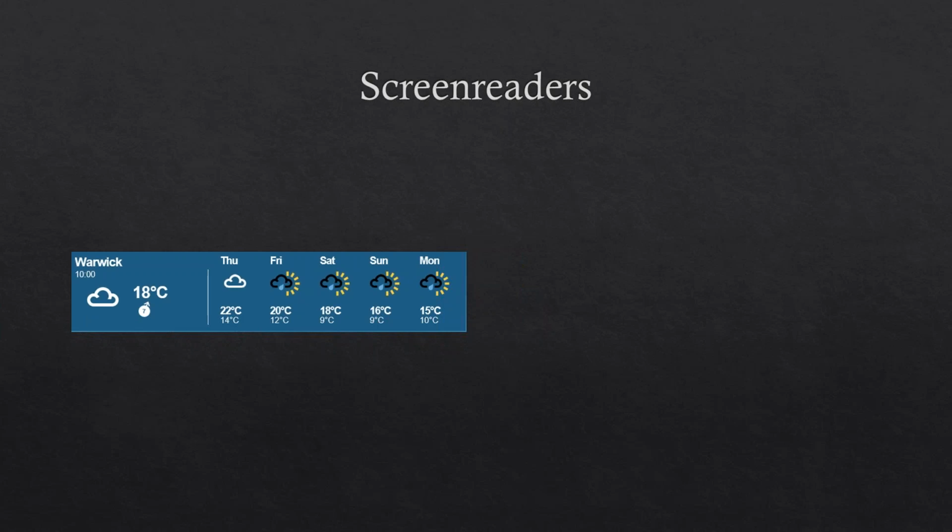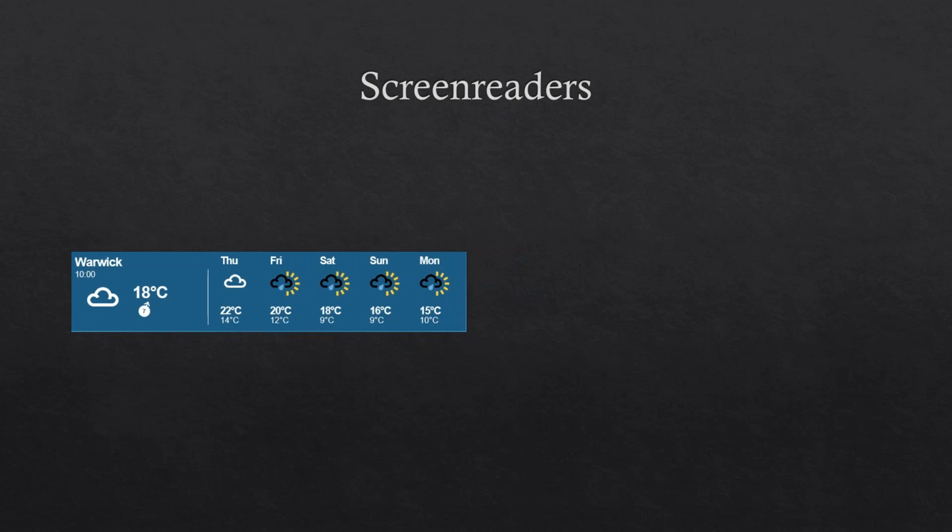Now, here's a good example I found on the BBC website. As a sighted user, I can see the use of those icons there tells me it's going to be sunny, but likely raining a bit as well later on this week in the area where I am in the UK, in the Midlands, in Warwick.